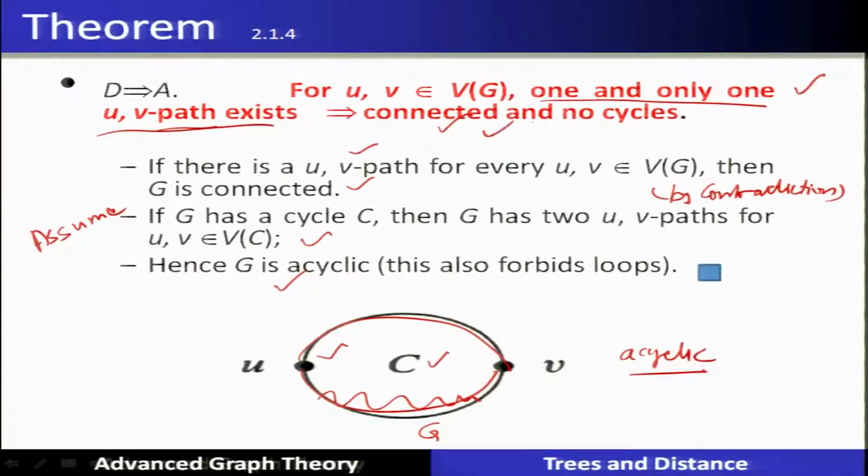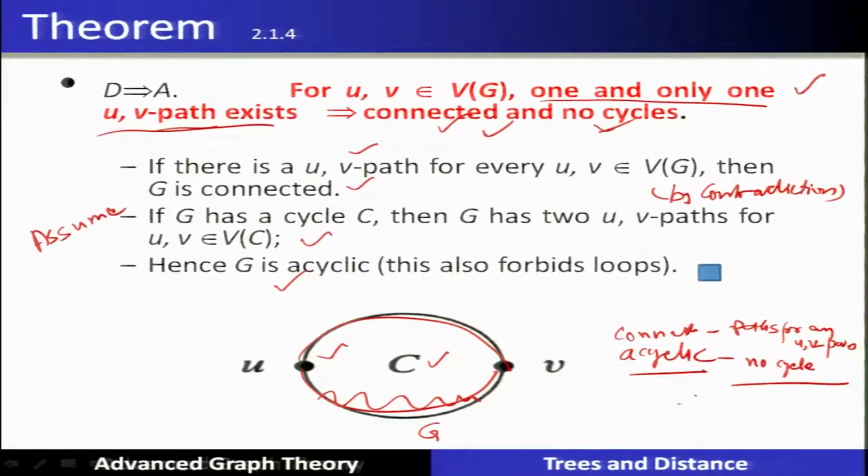It is connected also. Why? Because this path will provide the connectivity, and it forbids the condition that it has a cycle. So, it is a connected graph, because paths exist between any pair of vertices, and there is no possibility of a cycle.